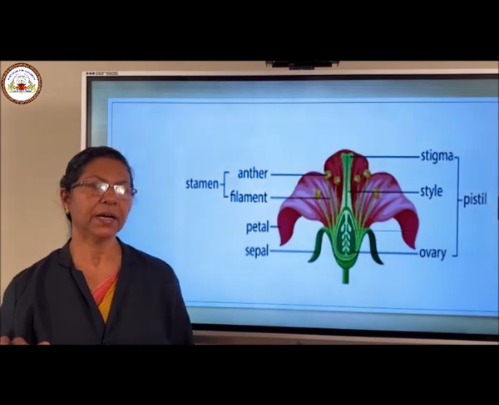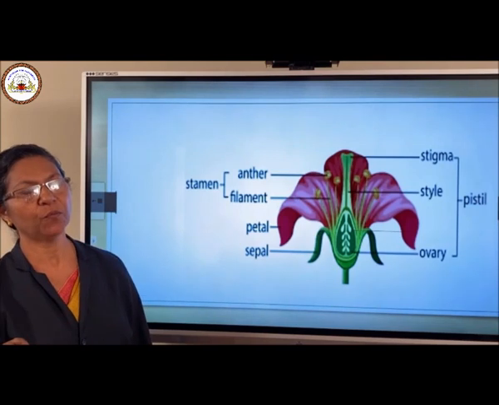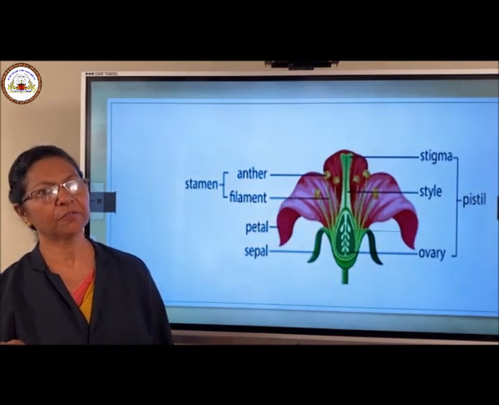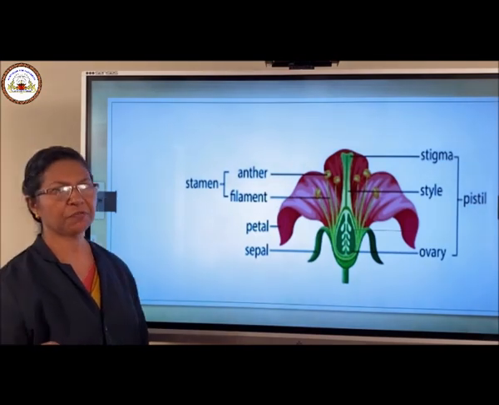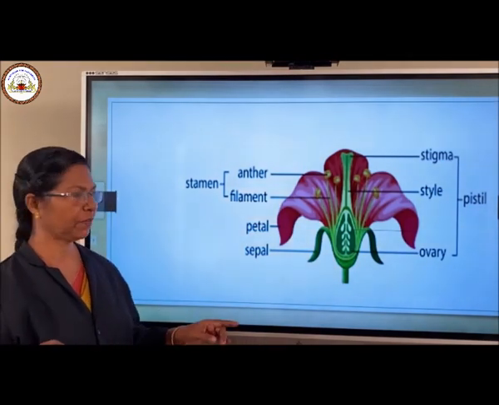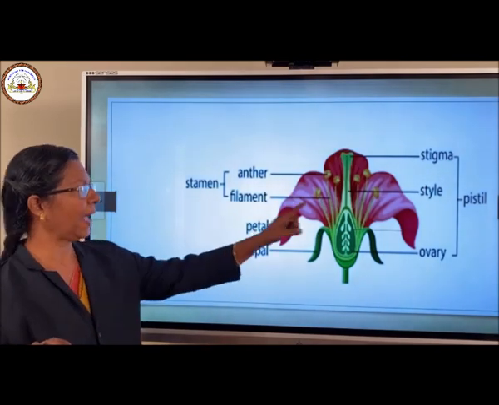The flower is the reproductive part of a plant. Now we have to study the parts of a flower. In this diagram we can see the parts of a flower. The parts of a flower are sepal, petal, stamen and pistil.